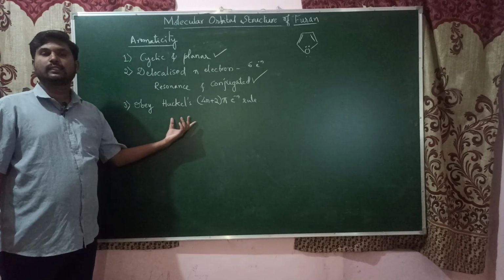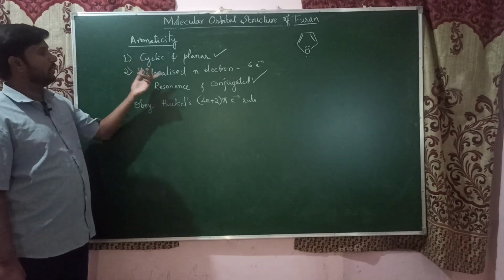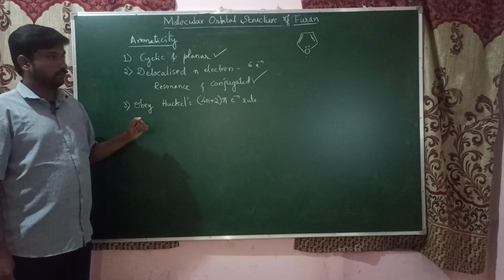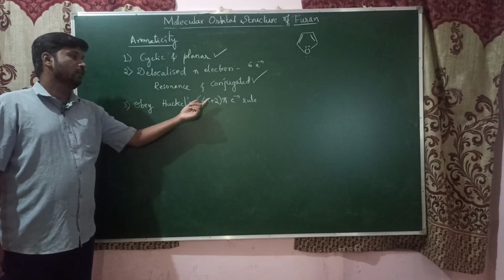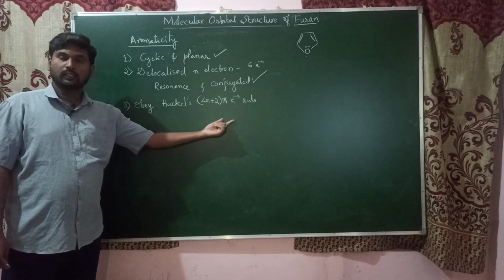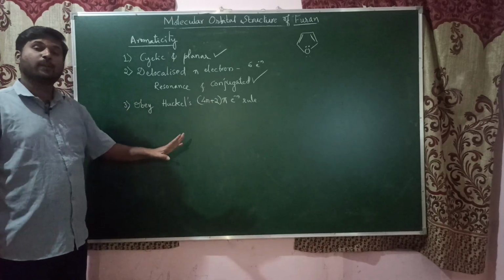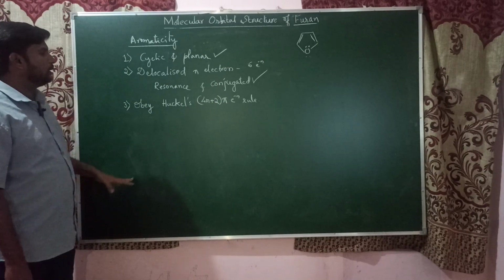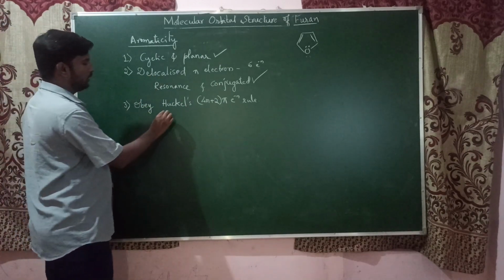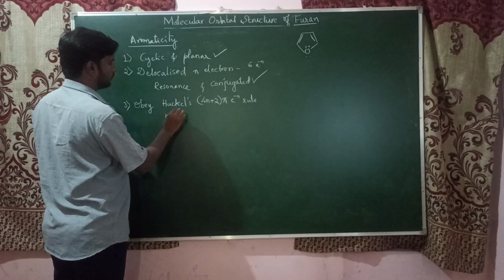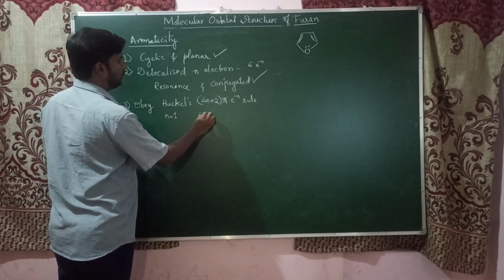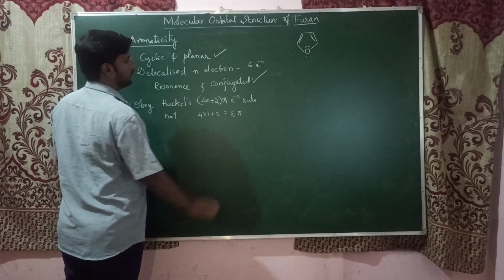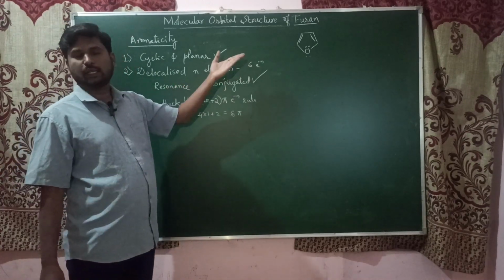Huckel's rule says a cyclic planar structure, a completely conjugated system, containing 4n plus 2 pi electrons is aromatic in nature. Here n is an integer. If you put n equals 1, then 4 into 1 plus 2 equals 6 pi electrons. So you have already seen that 6 pi electrons are there.